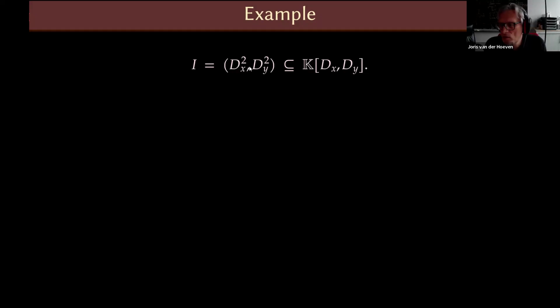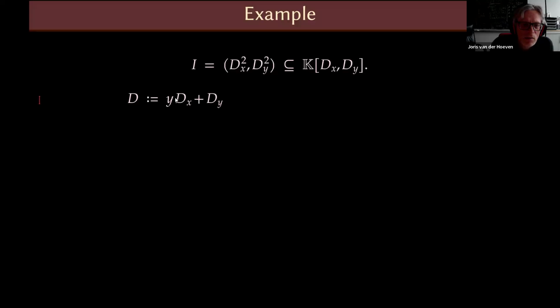So this is a case where the usual shape lemma does not apply. But what we will show is that if we take this derivation, dy plus y times dx, then actually this is going to generate the complete quotient space.